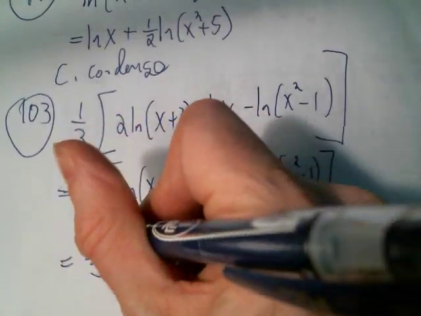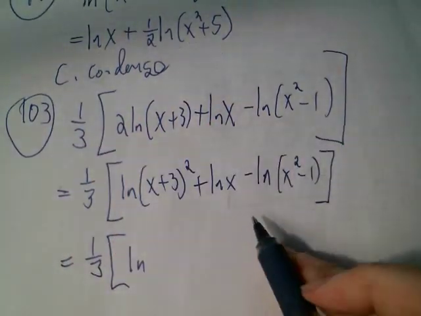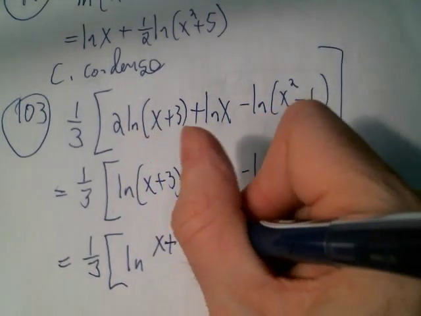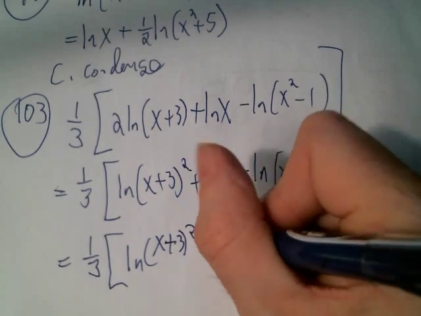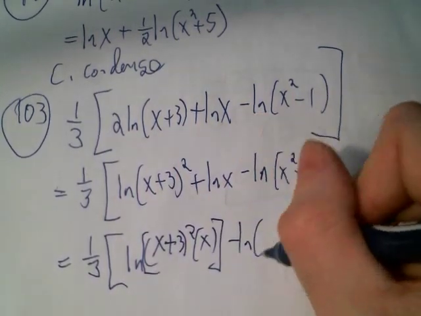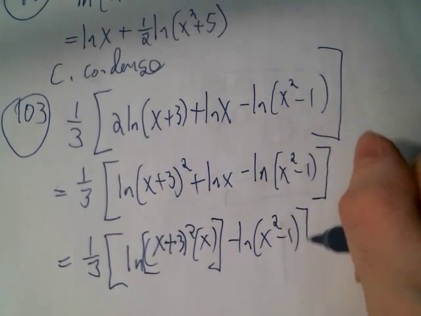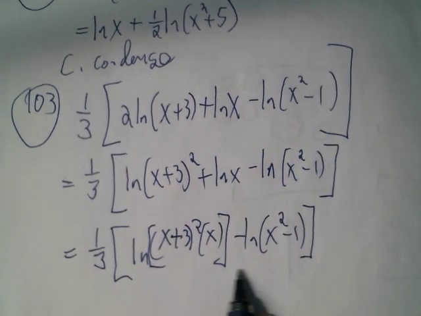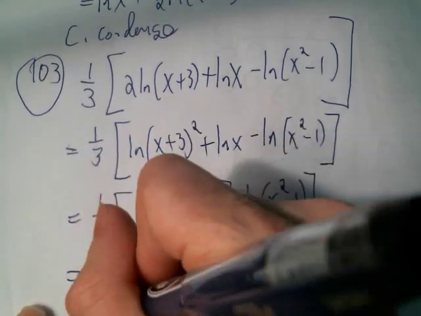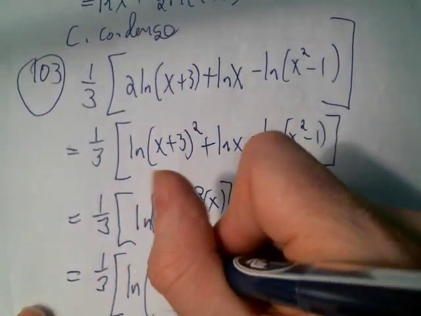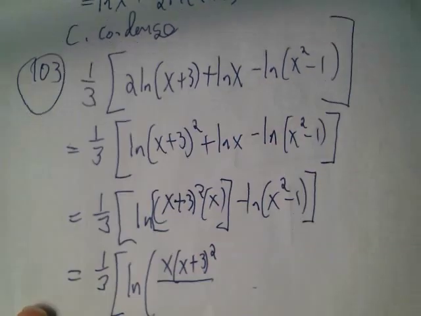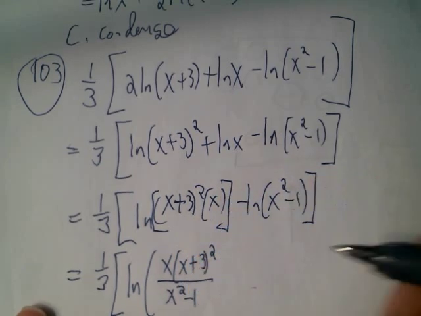So I'll have 1/3 times the ln of x plus 3 squared times x, and then you can combine these two by making a fraction. So 1/3 times the ln of x times x plus 3 squared all over x squared minus 1.